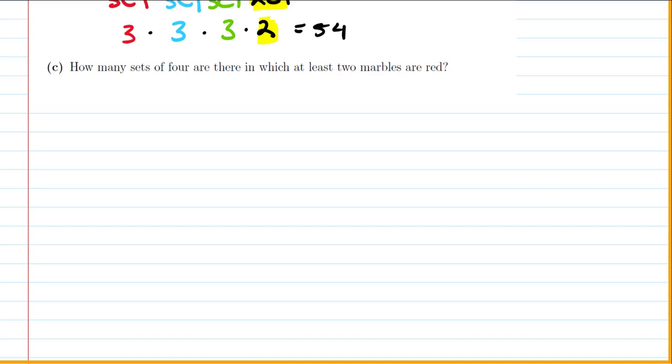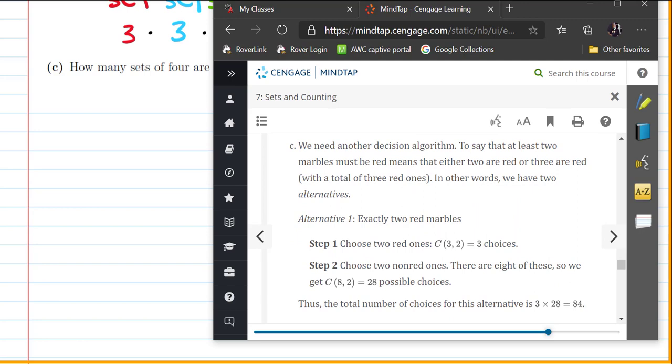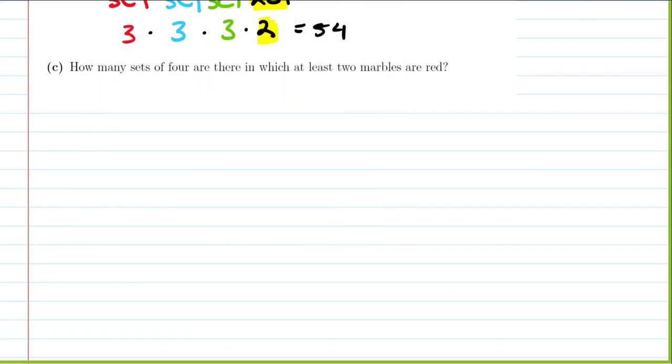So our 2 sets, as we mentioned, involve our set having 2 red marbles and our set having 3 red marbles. All right, so at least 2 red means there are 2 possible sets.